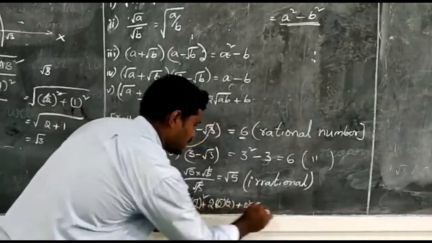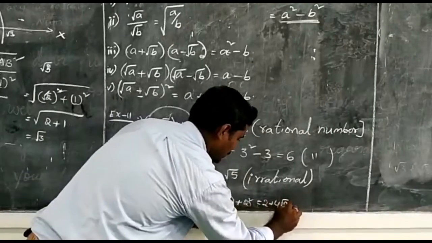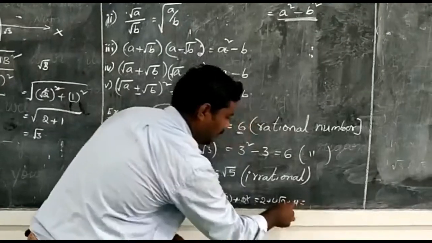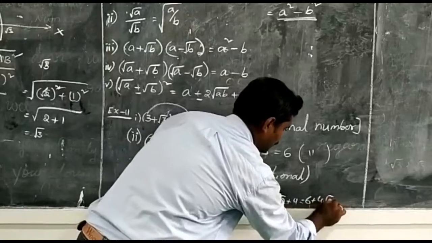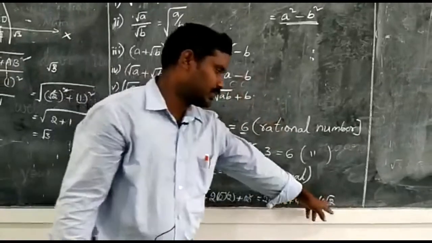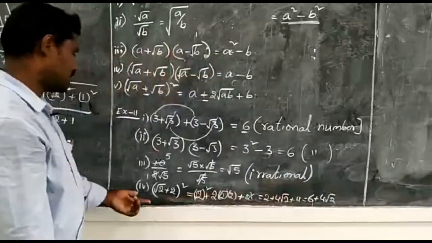Now root 2 square it is 2, plus 2 twos are 4 root 2, plus 2 square 4. Again simplify, 4 plus 2, 6 plus 4 root 2. And root 2 is irrational, therefore the total number is irrational.